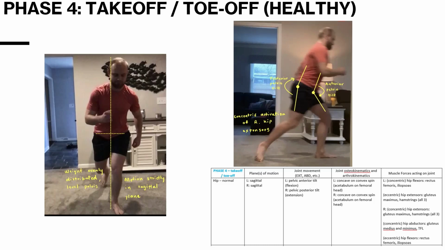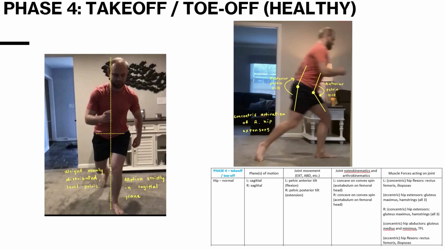During this motion, the hip flexors are concentrically contracted, while hip extensors are contracted eccentrically. On the right side, the pelvis tilts posteriorly, the pelvis moves on the femur, and the acetabulum spins on the femoral head, the same as the left side.